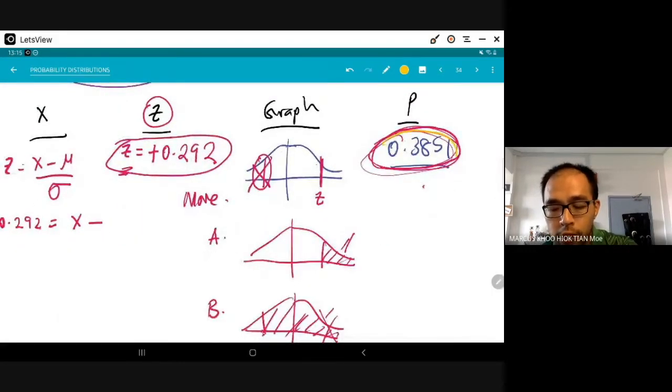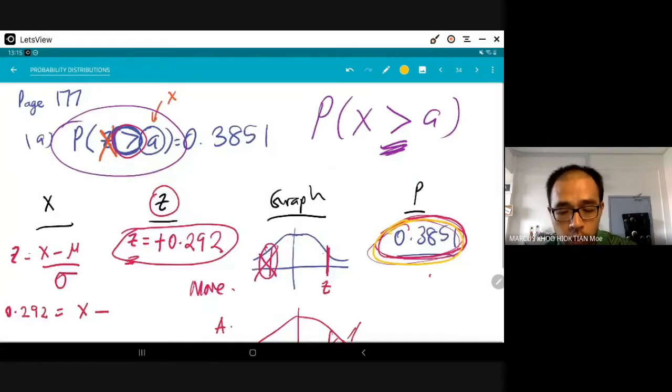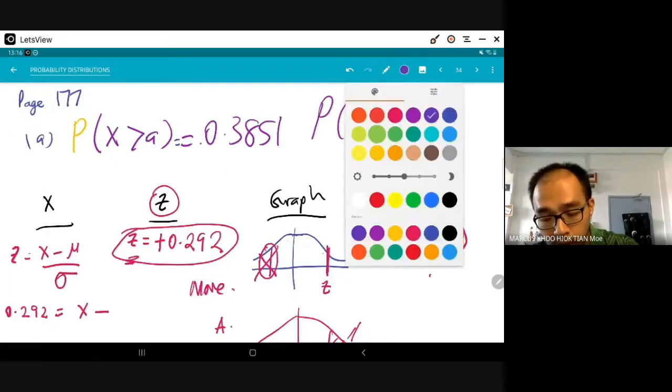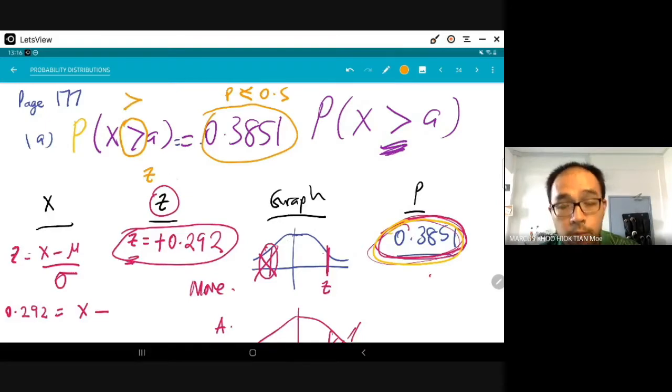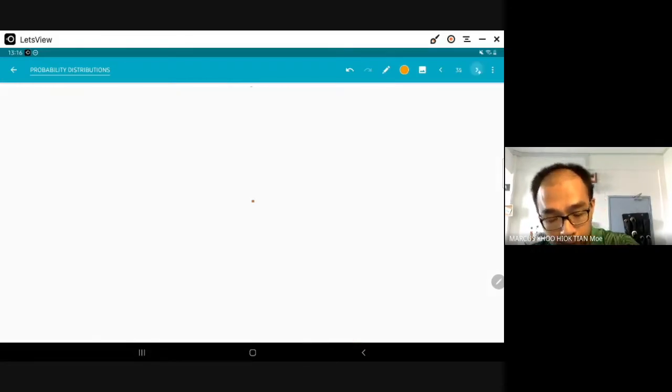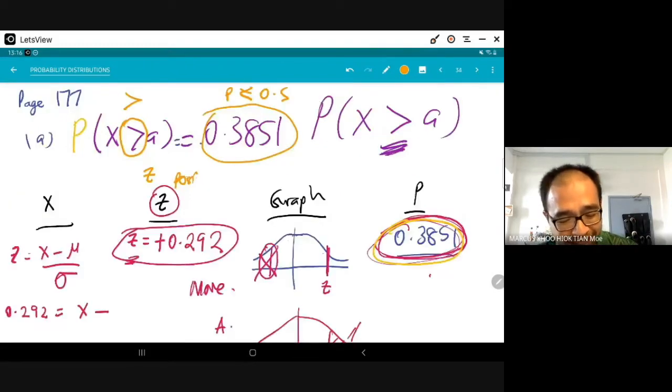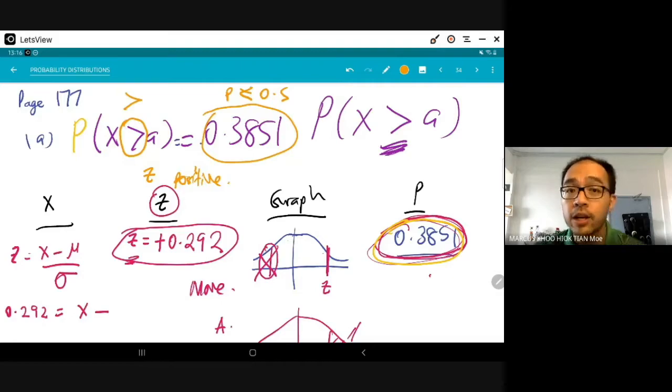Situation 0.3851. What you do is kamu bulatkan dan kau tengok, oh, the probability is less than 0.5 and the direction of the question is more, so Z is positive. Z positif kah? Z positif, betul. Without a shadow of a doubt, kau tahu sudah. Tidak payah fikir tu. You just have to analyze the statement given.